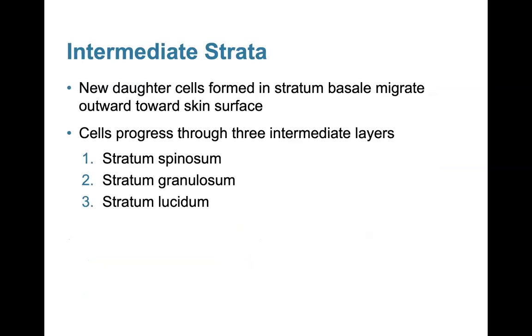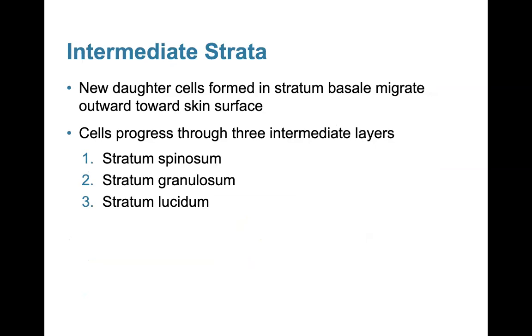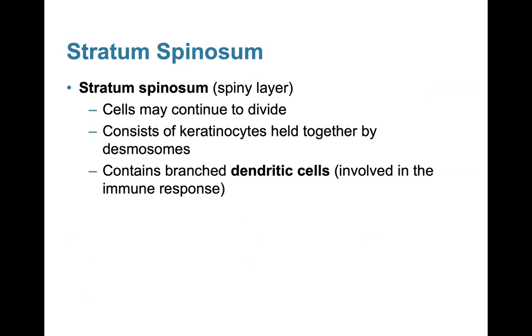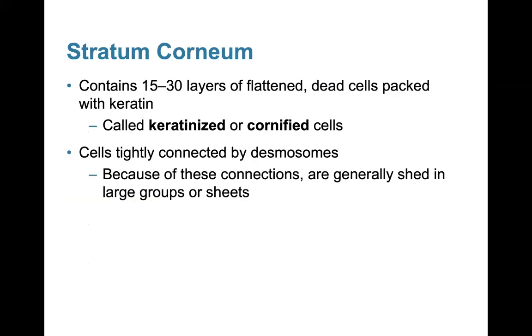The various intermediate strata, as we discussed, are here. There are 3 different layers. And then finally, the stratum spinosum. Looking at each one of these layers, again, we talked about these a few seconds ago: the stratum spinosum, granulosum, and lucidum. Again, the stratum lucidum is only found in thick skin.